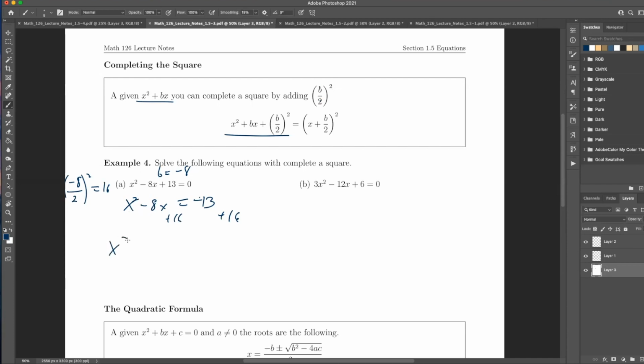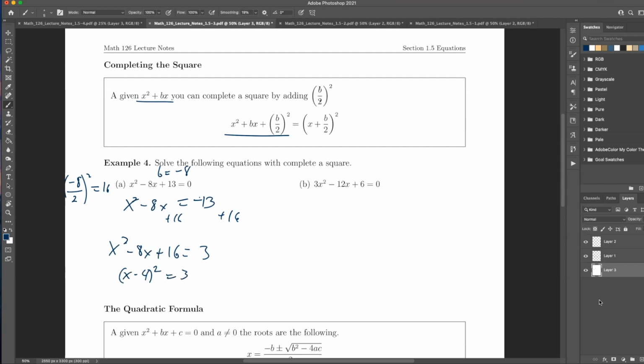So this gives me x minus 4 squared, plus 16 equals -13 plus 16, which is just 3. This, because we completed the square, is equal to this. You can also factor it to get to this.